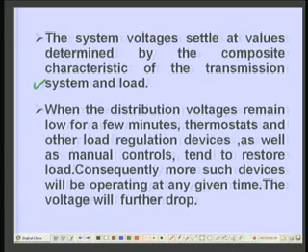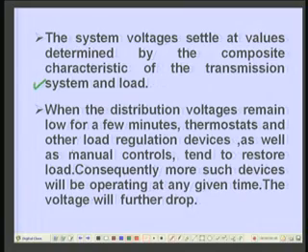Therefore, when a distribution voltage remains low for a few minutes, thermostats and other load regulation devices as well as manual controls tend to restore load. Restore load means that more load will be there on the system. Consequently, more such devices will be operating at any given time, and this will cause a further drop in voltage. The more devices are operating in the system, obviously the voltage will drop.